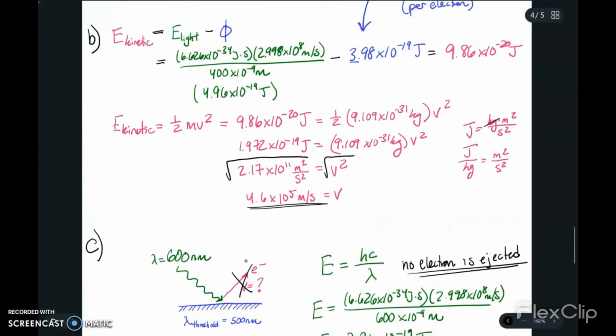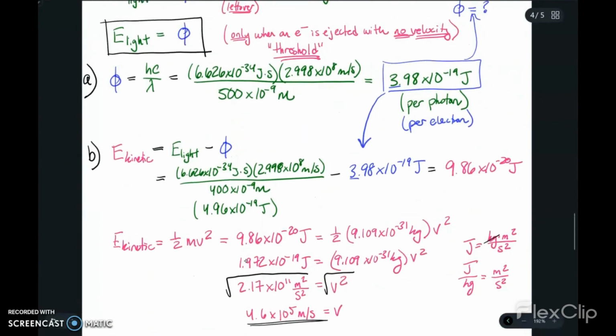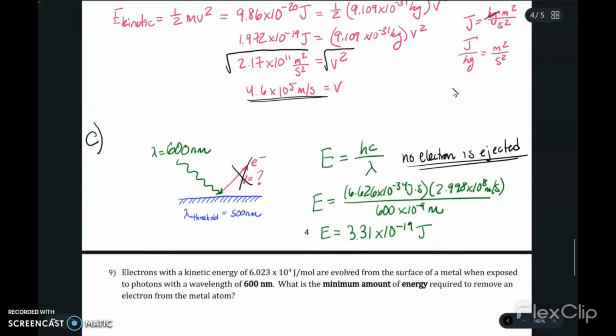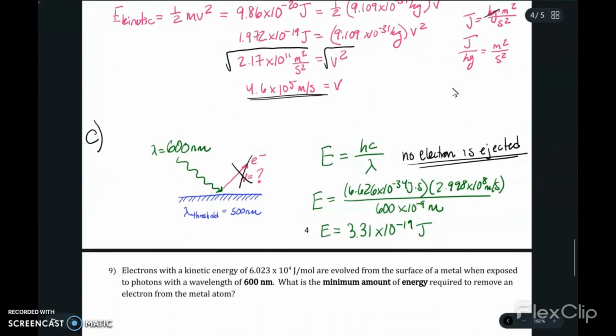If I come up top here, you may remember that the binding energy, the work function that we calculated, was 3.98 times 10 to the negative 19th joules. So let me come back down here and say this work function is 3.98 times 10 to the negative 19th joules. Do we see how the work function is a larger value than the energy of these photons in this 600 nanometer light?